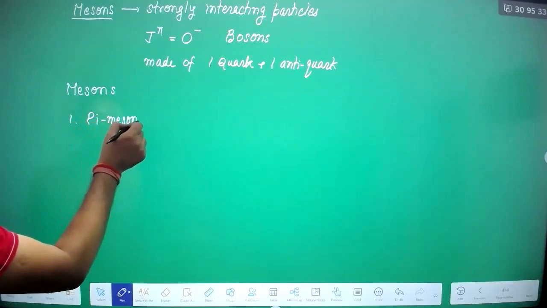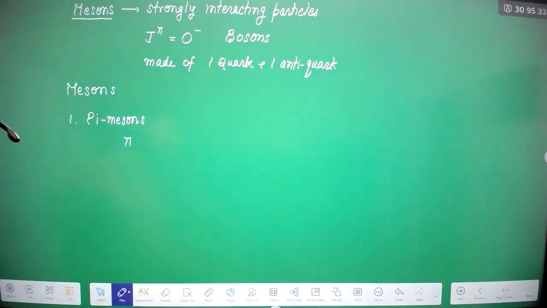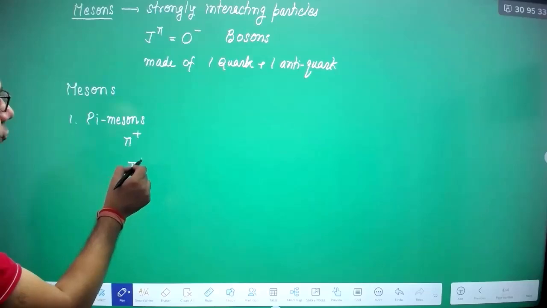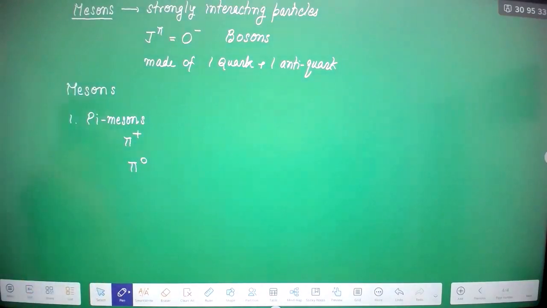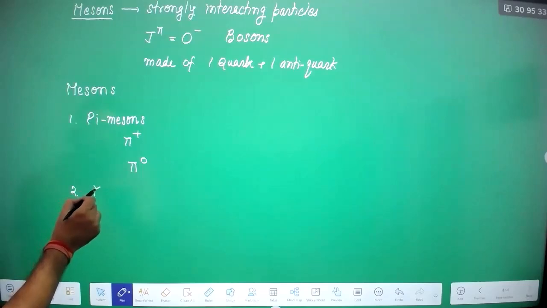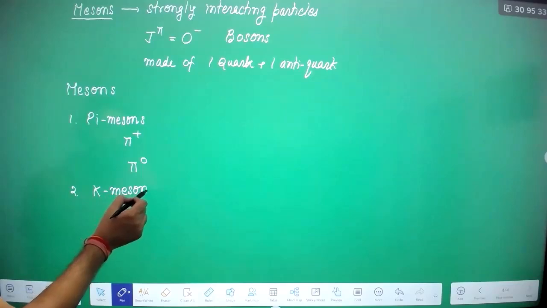In pi mesons, which ones will be there? First, that will be pi plus. There are two types of particles: pi plus and pi naught. This is also called pi neutral. Second category is K mesons.